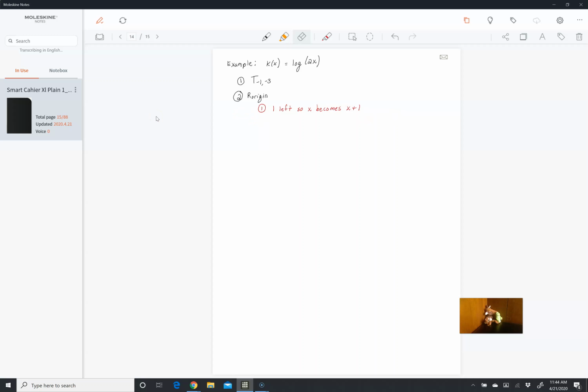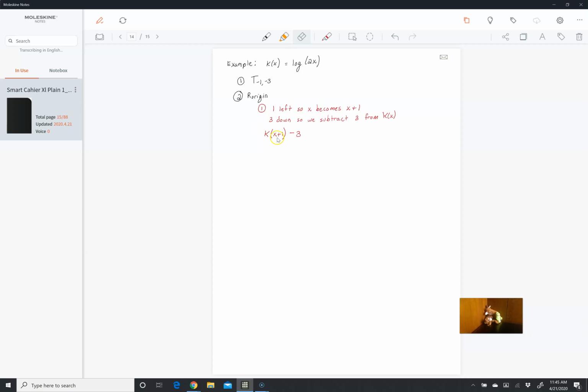And we're going 3 down. So we subtract 3 from f of x. Or from k of x in this case. Okay, what does this mean? This means our new notation is k of x plus 1 and then -3.